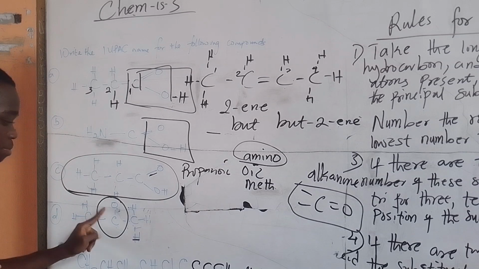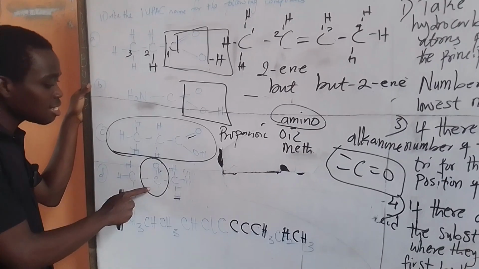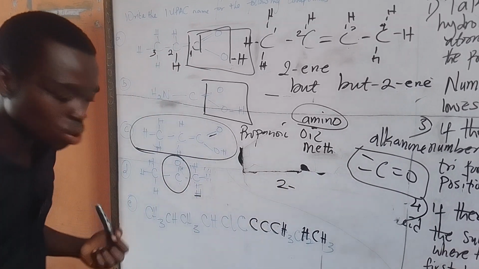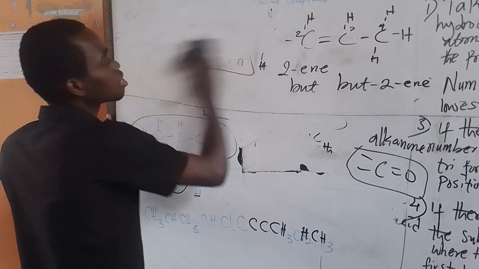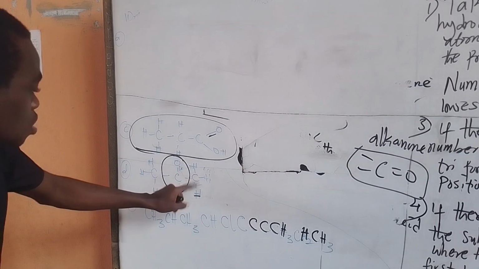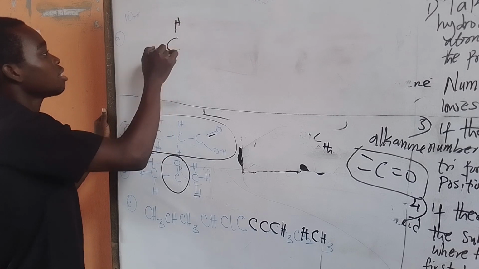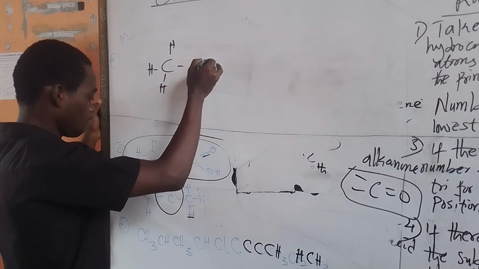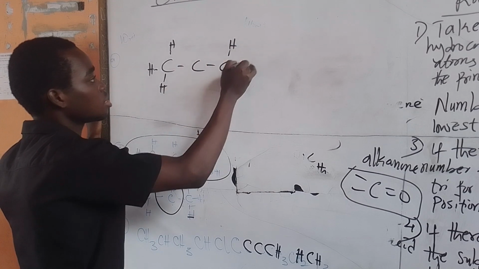But look up now. For this compound, I can't say this is 2-one. Why? If I say this is 2-one, let me shift this O to this part. If I have C, H, H, H, then I have CH3.